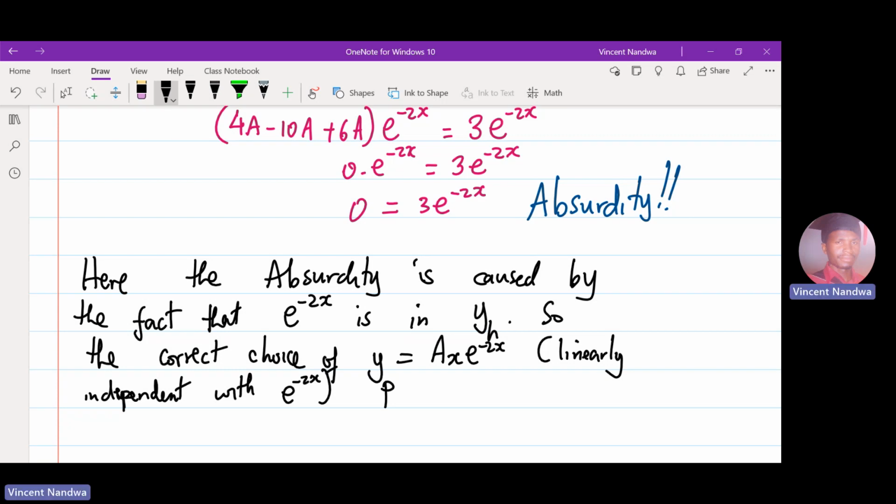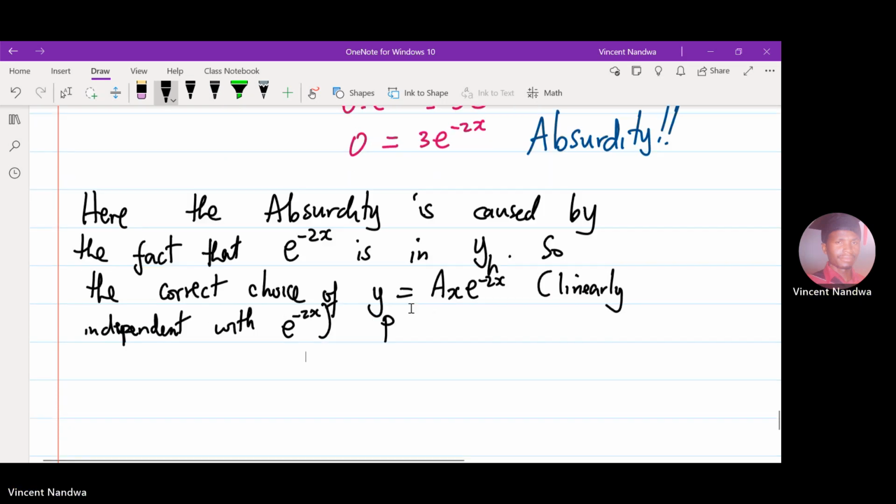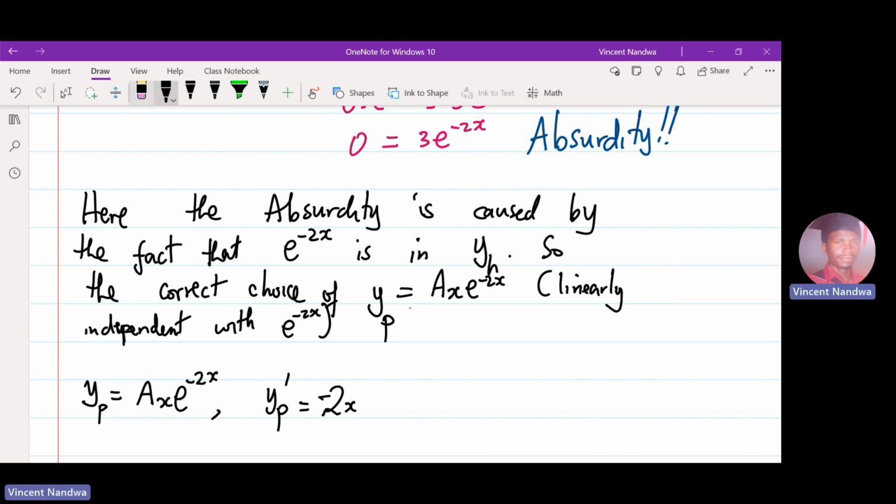So therefore, we are saying that the correct YP will be ax e raised power minus 2x, which means the YP prime will be... which rule are you using?